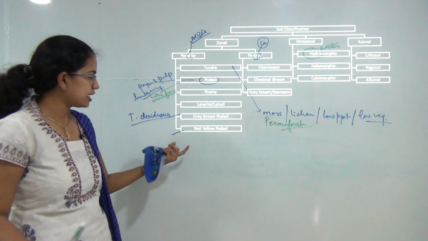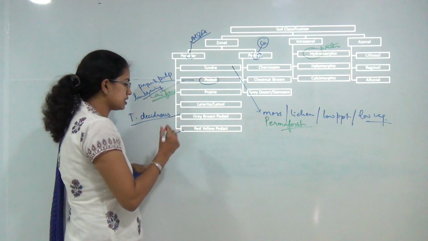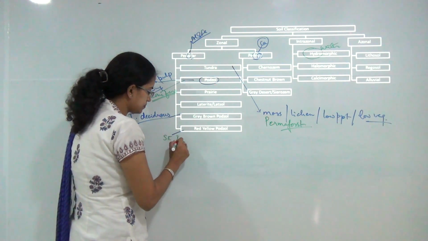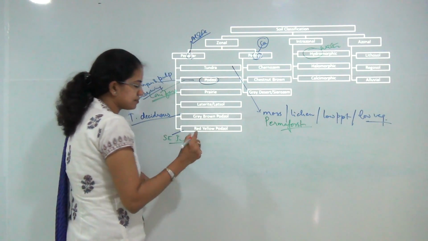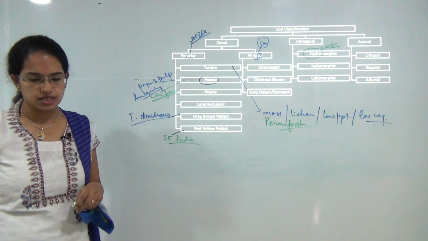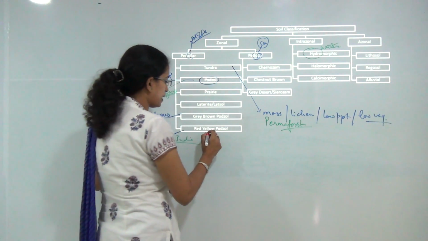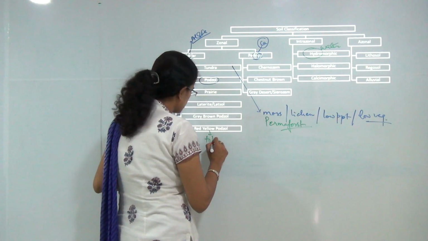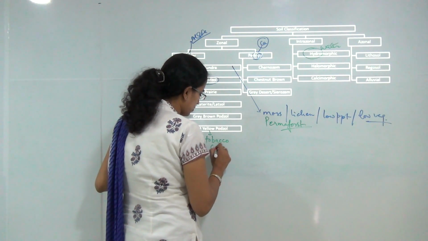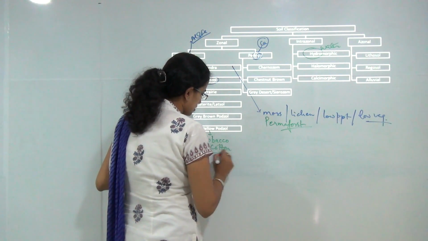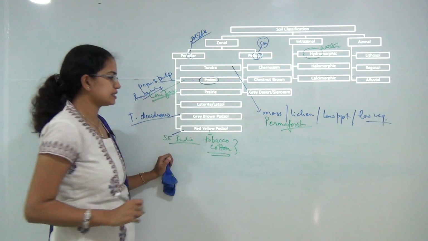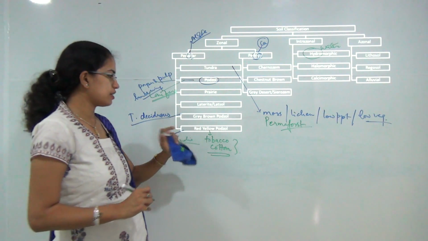Then you have the red-yellow podzols which are seen in southeast India. You have the region of south Asia, Australia, New Zealand, and in red-yellow podzols the common vegetation would be tobacco, cotton. So these would be some of the common vegetations that would be seen in red-yellow podzol soils.